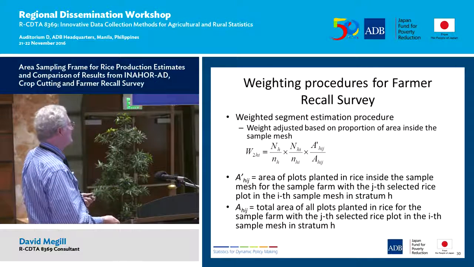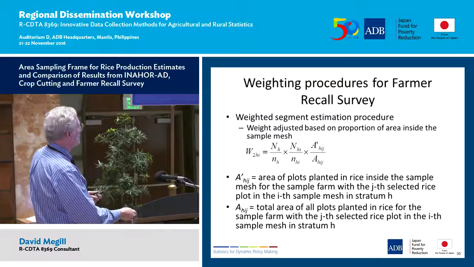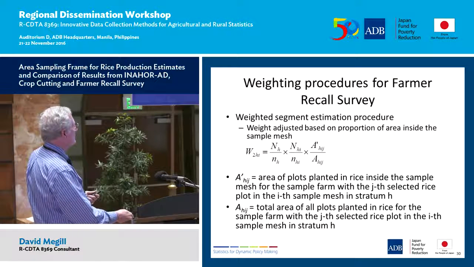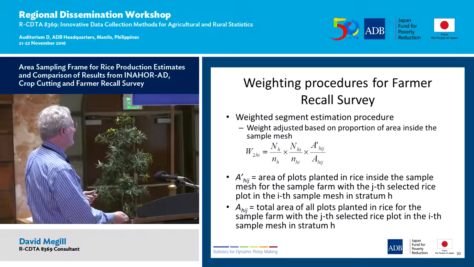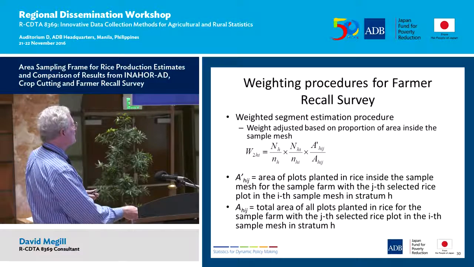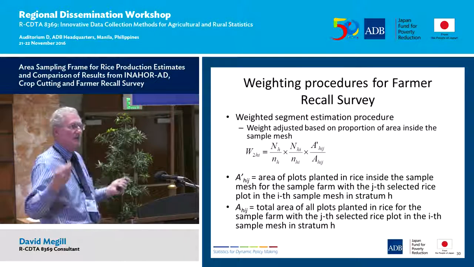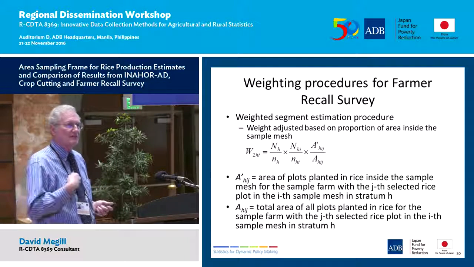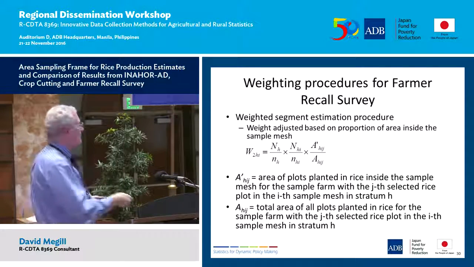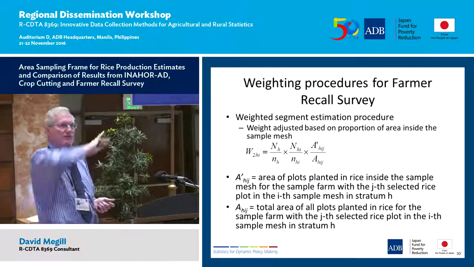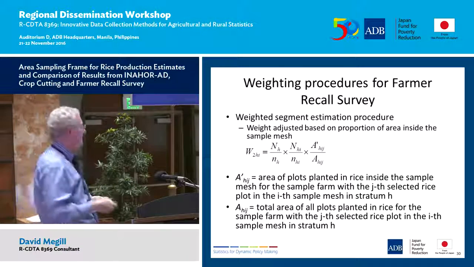So in this case, the numerator here would be the area of plots planted in rice inside the sample mesh, okay, as before. But this is for all plots, not only those that are selected. Some of the plots may be inside the mesh, but they were not selected. But this is all of the plots of the farmer. So we're talking about his entire farm, okay?